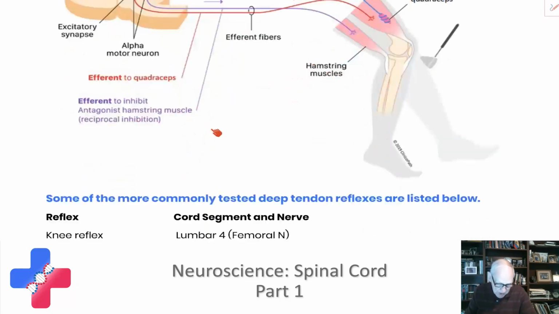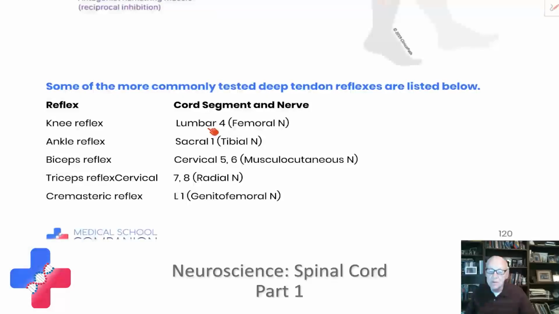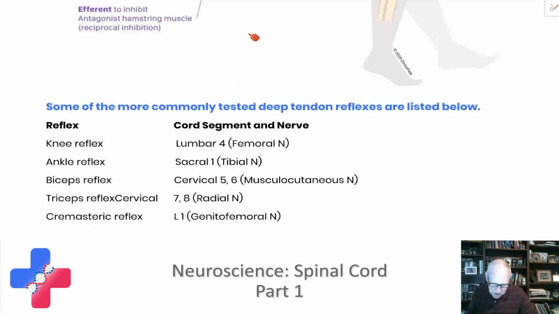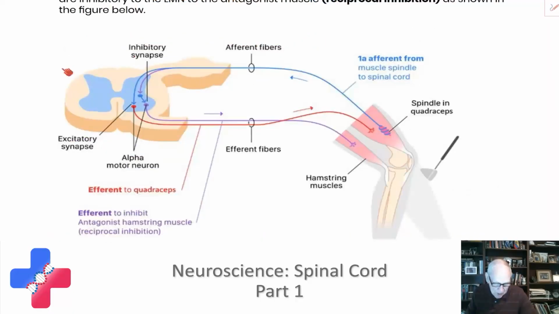Now, here are some of the typical reflex cord segmentations that you're doing. You're familiar with these. You remember the knee reflex. Since this is the patella, the cord segment represented here is L4. So L4 is the primary cord segment where the patella reflex circuit is located.